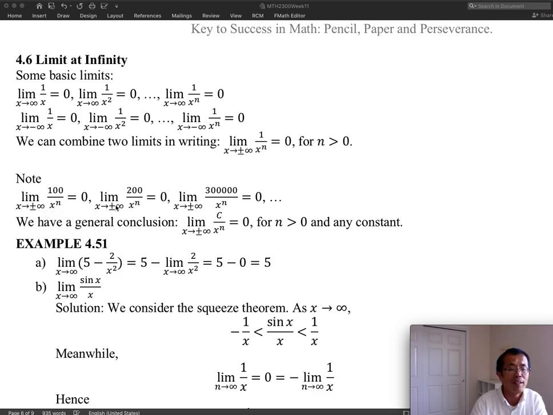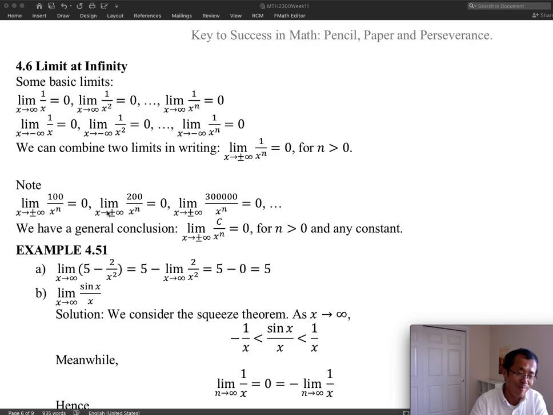Similarly, if 100 won't work, make it 200. I just have to tell you, 200 still is not going to beat infinity. So overall, such a limit still approaches 0. And if 200 is not working, how about 2000, or 300,000?